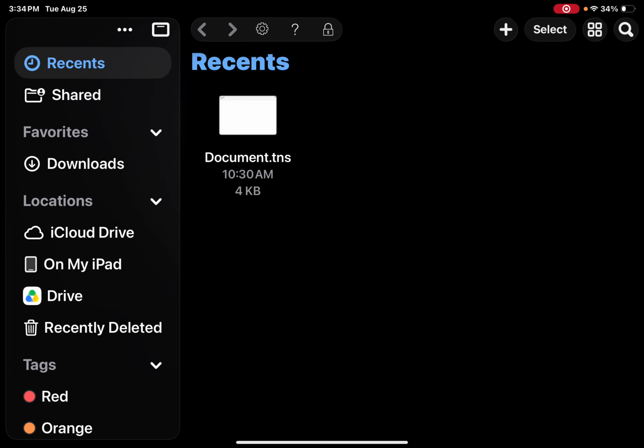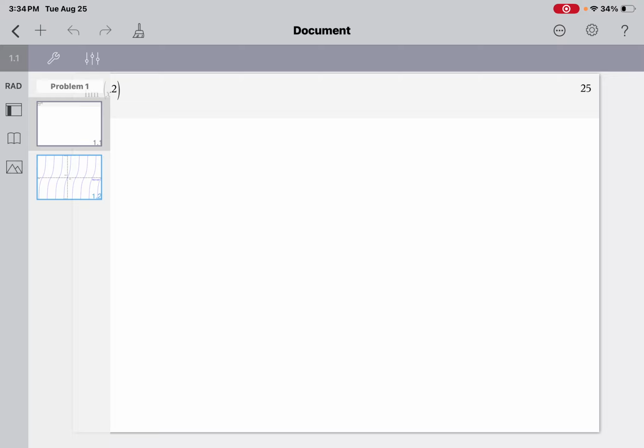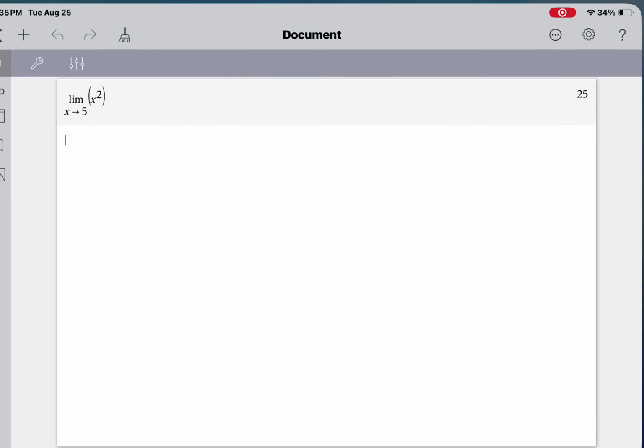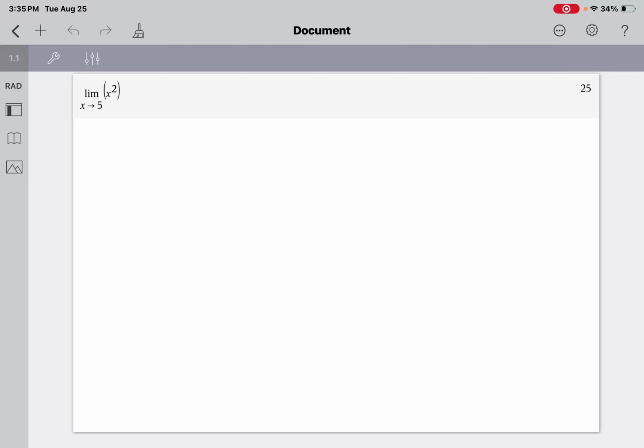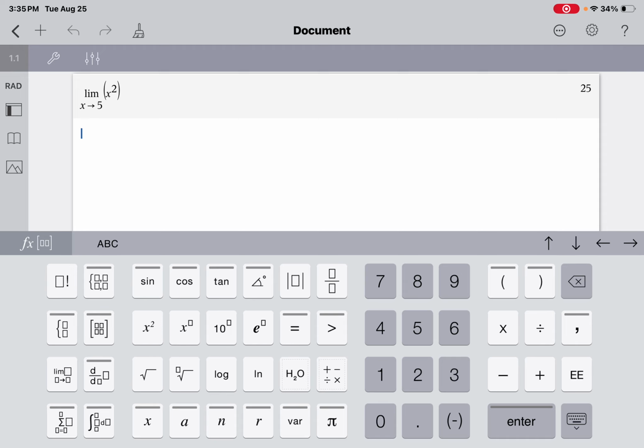Let's see if I am able to pull up the calculator right here. I'm using my son's iPad, so give me one minute. I was trying to do it side by side, but that's okay, this will still work. So I have my function.